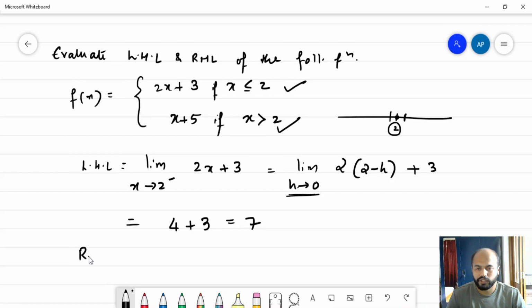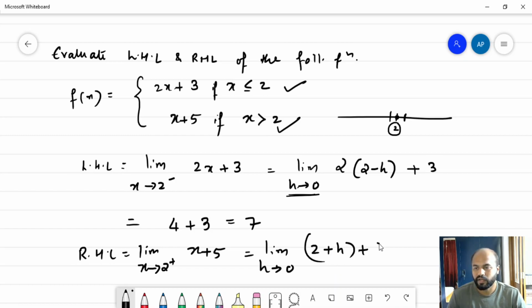Now let's do RHL and check. This is going to be limit x tending to 2 plus of x plus 5, which is limit h tending to 0 of 2 plus h plus 5. So put h as 0, and then what we get is 7.